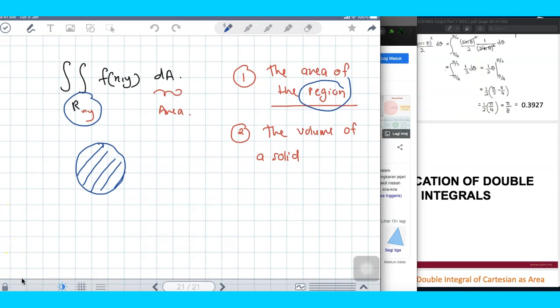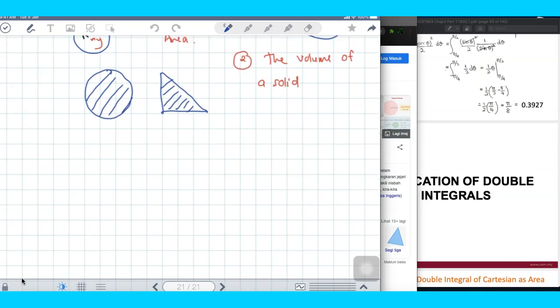And let's say you have a triangle. There is a specific formula that you know without using the double integral. But now let's say you want to use the double integral to evaluate the area.